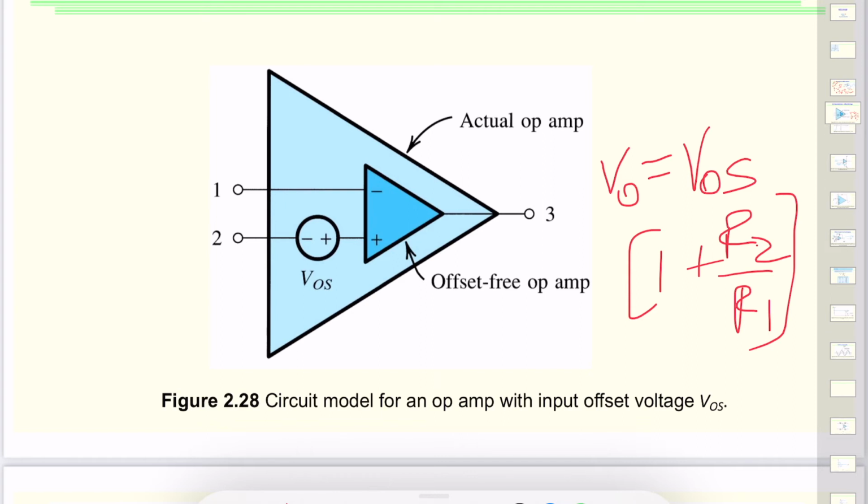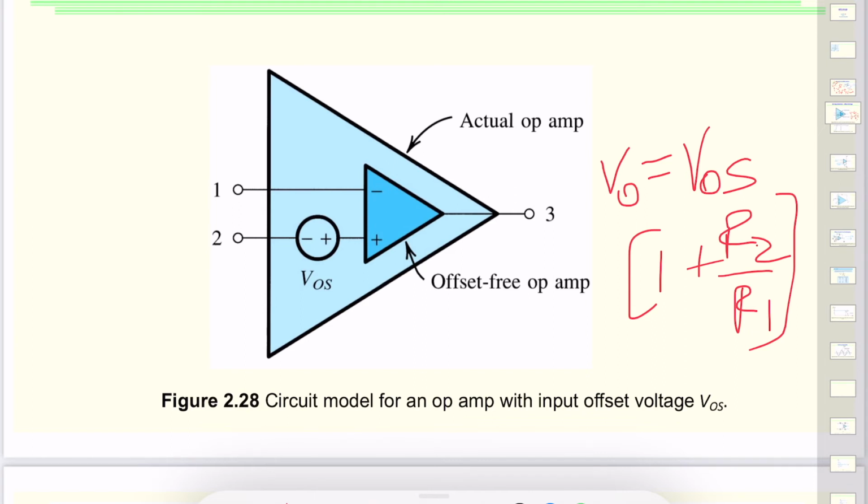Now, when we apply an input DC signal or an AC signal, our output would be superimposed on this 5 volt DC, which comes from the offset. So obviously we wouldn't be able to know which signal belongs to the actual input signal and which does not.